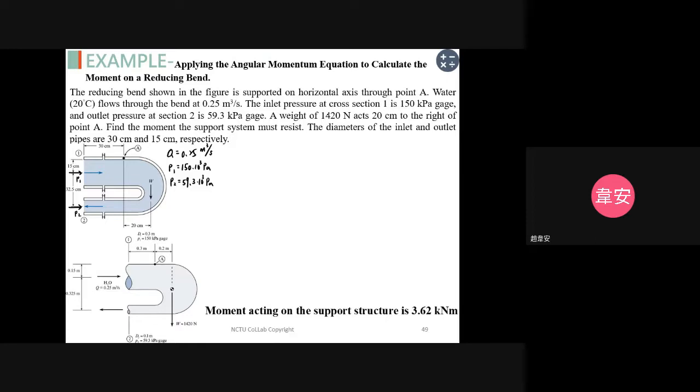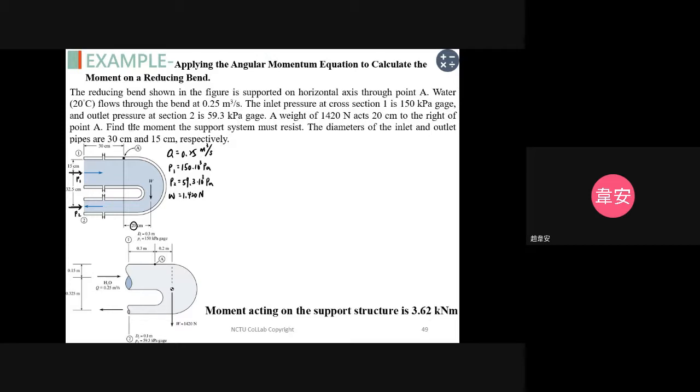The total weight of our system is 1.20 newtons, acting 20 centimeters to the right of point A.